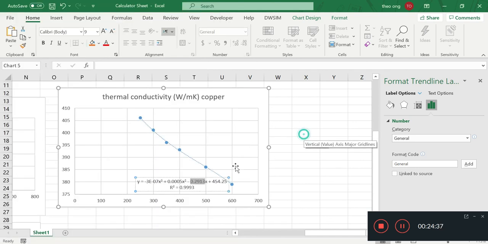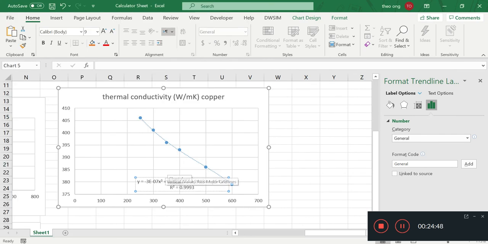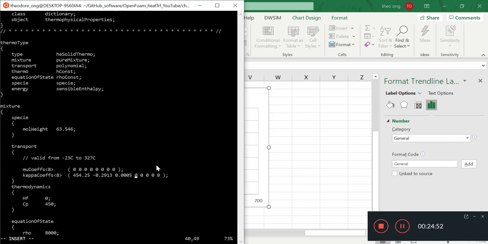Okay, next is plus 0.0005, and next is minus 3 times 10 to the minus 7. Okay, so that's the transport done.